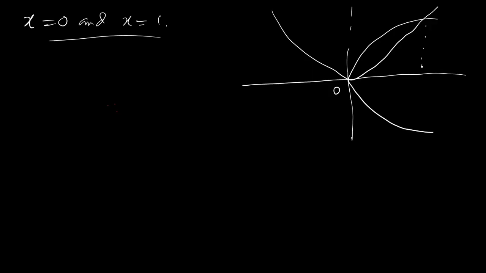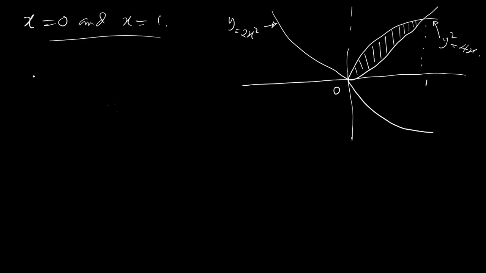Here is 1. So we have a shaded portion like this. Now this is y equal to 2x squared, while this one is y squared equal to 4x.